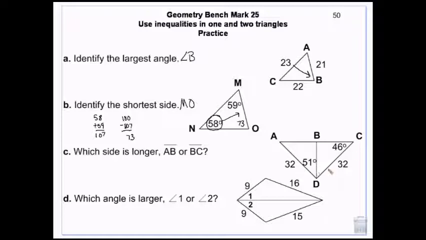These are isosceles, right? So that will make this 46. And I can find out what this missing angle is by finding out these 2 angles.